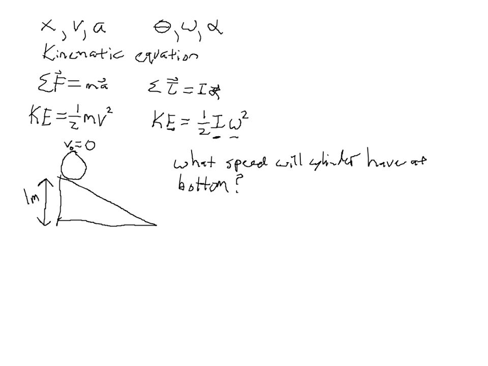Okay, what we'll do is we'll recognize the fact that the energy of this cylinder at the top must equal the energy of the cylinder at the bottom. So we'll solve this just like we solved conservation of energy problems of translational motion, except we have another term now. We have a term that includes rotational energy.